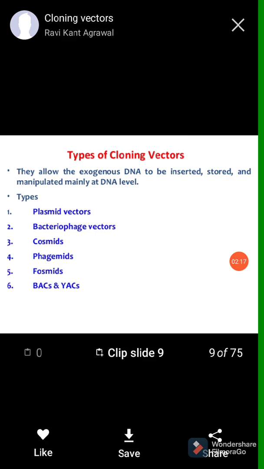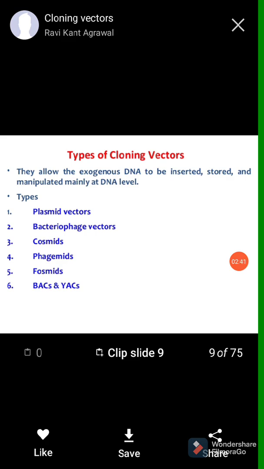artificially synthesized. Phagemid vectors are also artificial vectors, they are not natural. So just remember that the natural vectors here are only the plasmid vectors and the bacteriophage vectors, whereas the rest are artificially made vectors.